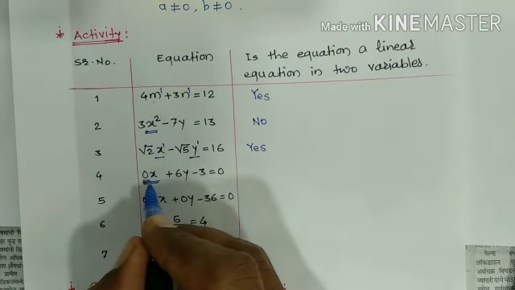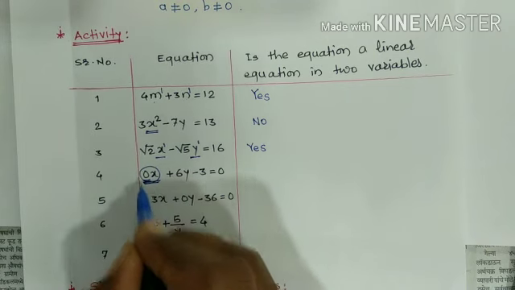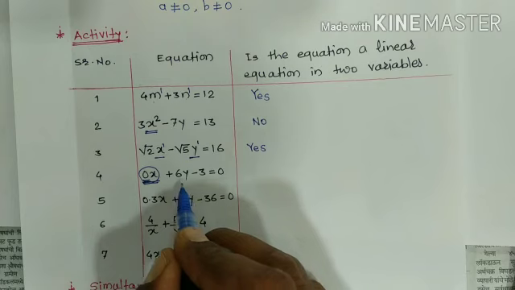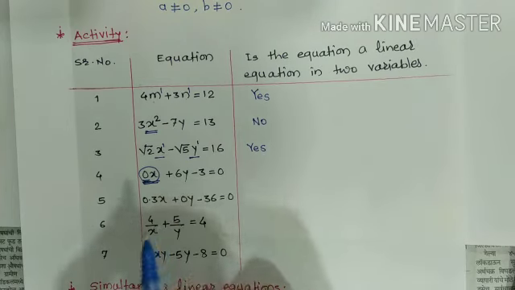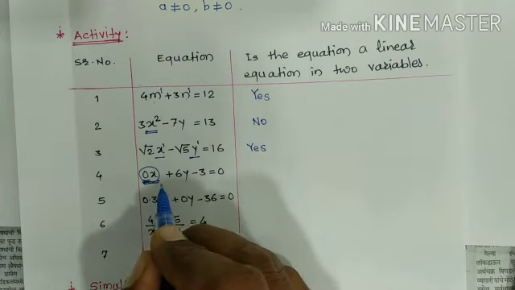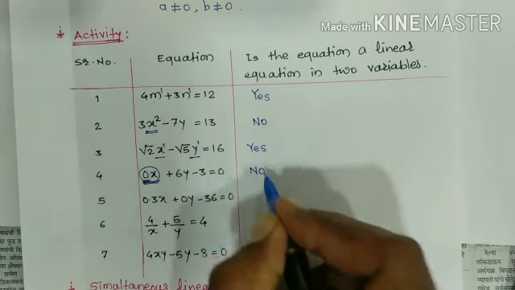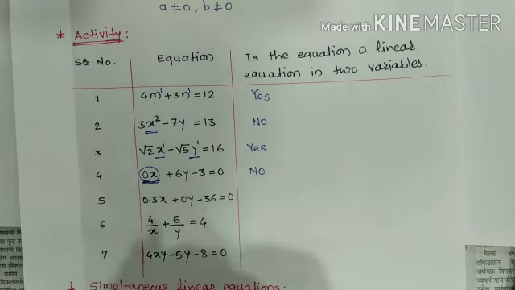If a equals 0, then this term becomes 0 and the equation remains a linear equation in one variable. That's why this is not a linear equation in two variables. So we write here, no.